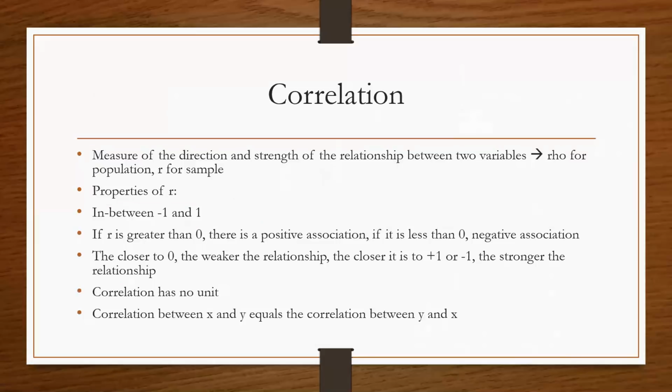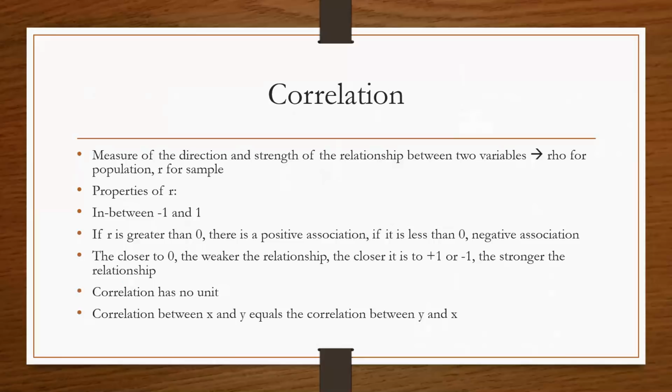You don't have to worry about sign. That just says whether it's a positive or negative relationship. When it comes to the strongest relationship, it doesn't matter whether it's positive or negative. Correlation has no unit, and the correlation between x and y equals the correlation between y and x.